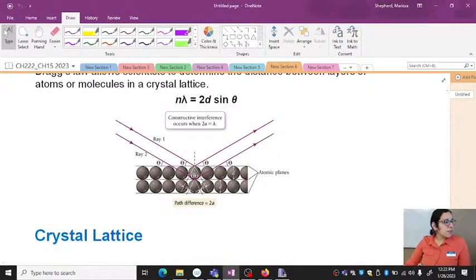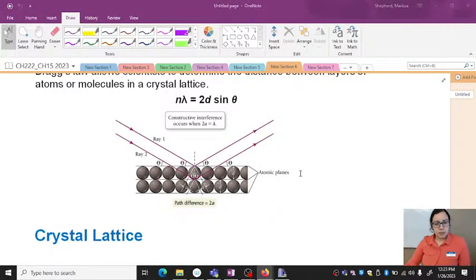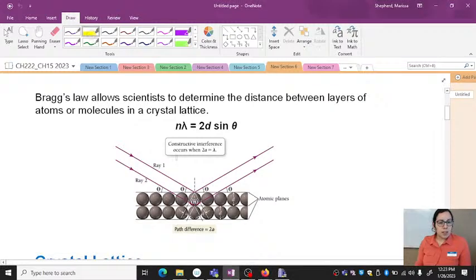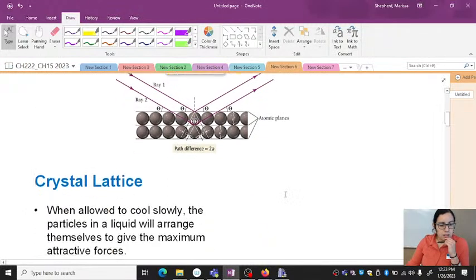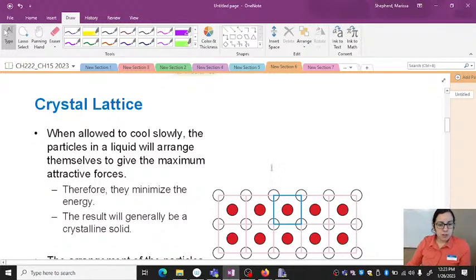All that means is you get this pretty diffraction pattern. And we have Bragg's law here that helps. Constructive interference occurs when 2d sin θ is equal to nλ, a whole number of wavelengths. What this gives us is a pretty picture, basically.